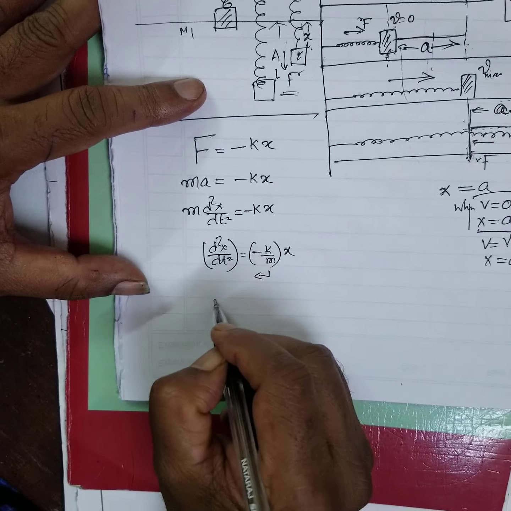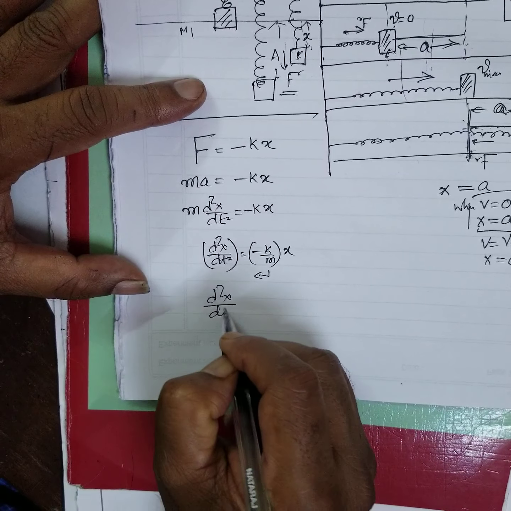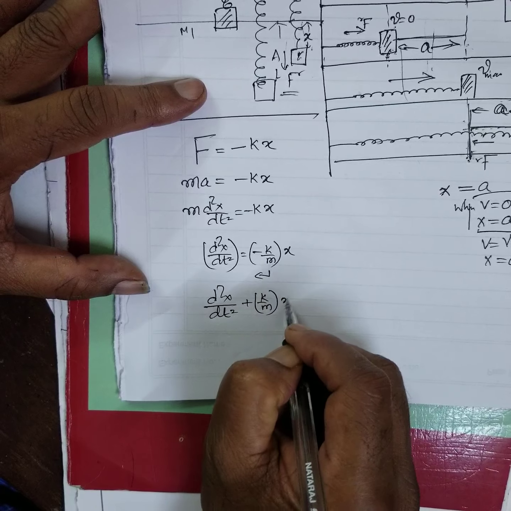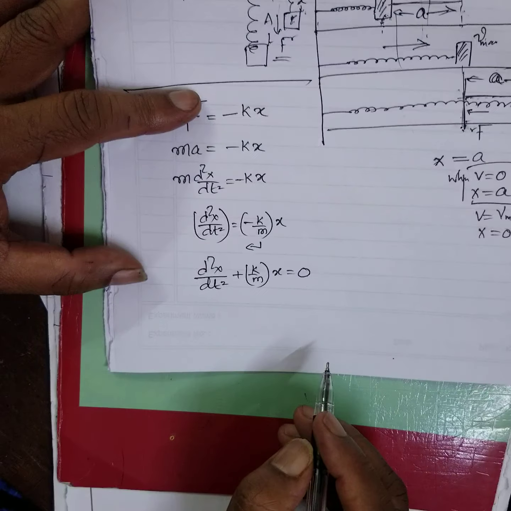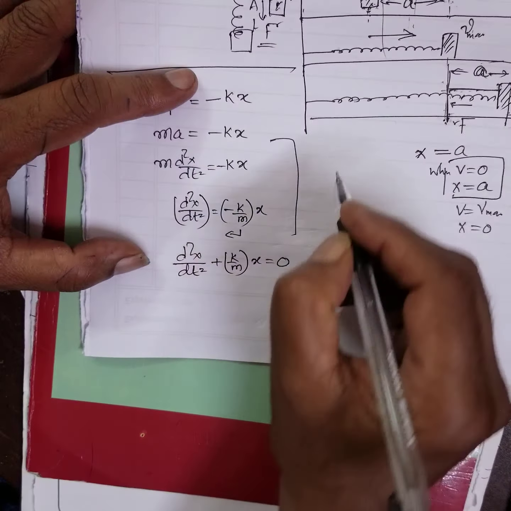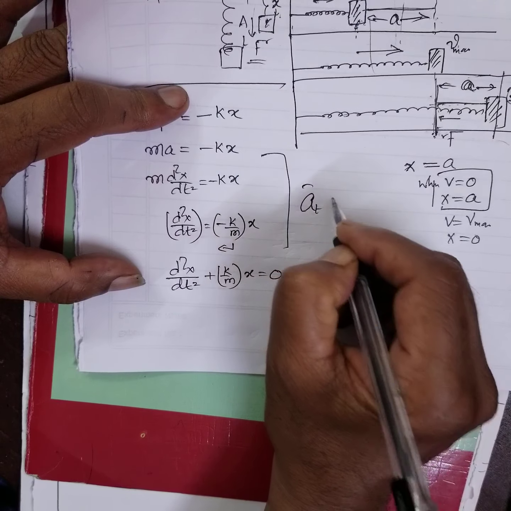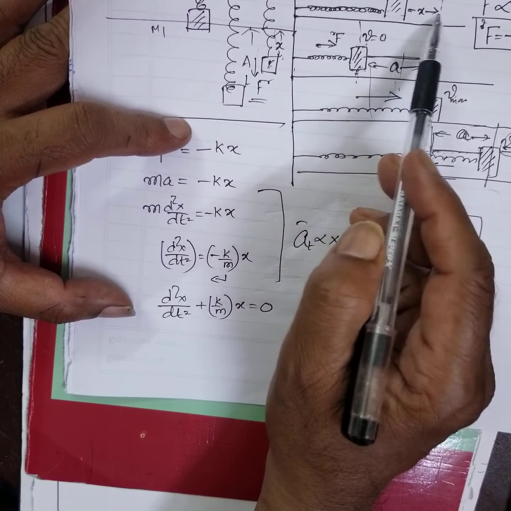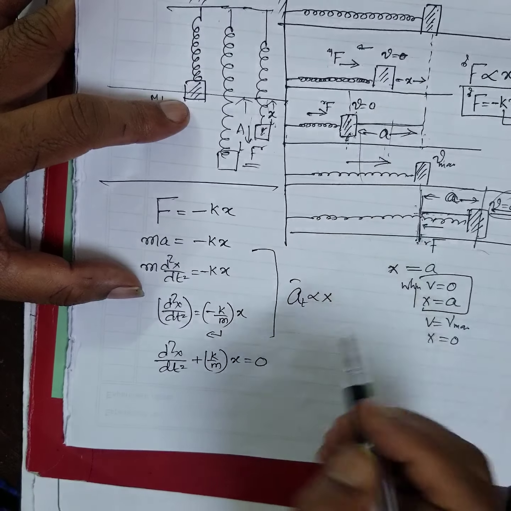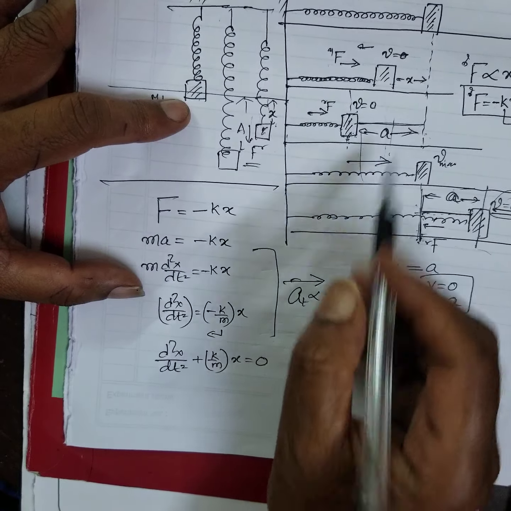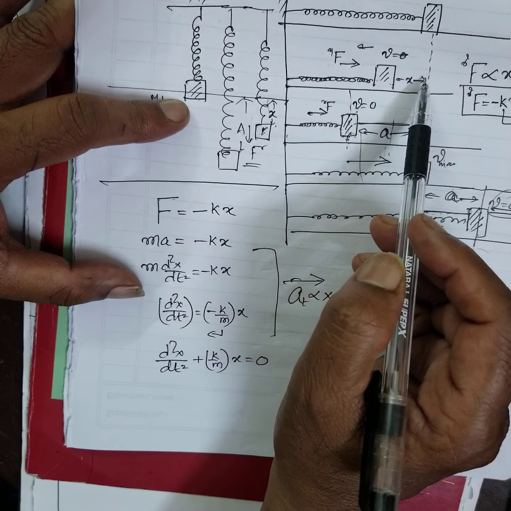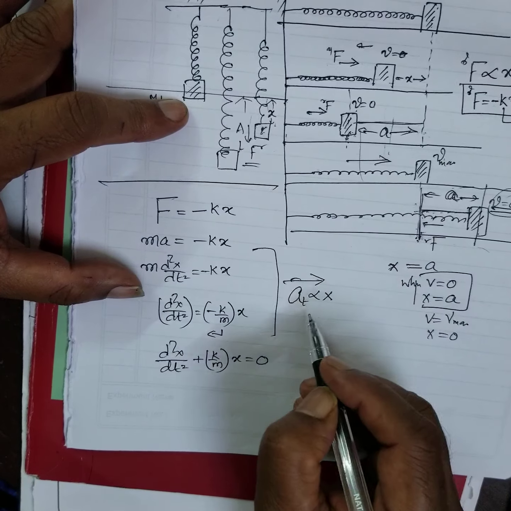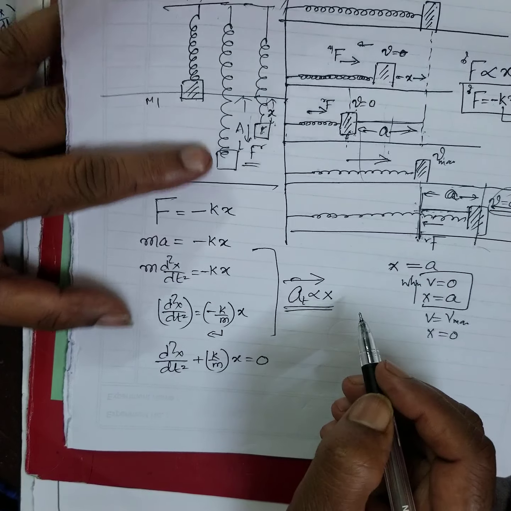Bring this to one side: d square x by dt square plus k by m x equal to 0. That means acceleration at any instant is directly proportional to the displacement from the mean position, and acceleration is always directed towards the mean position. That is the characteristic of simple harmonic motion.